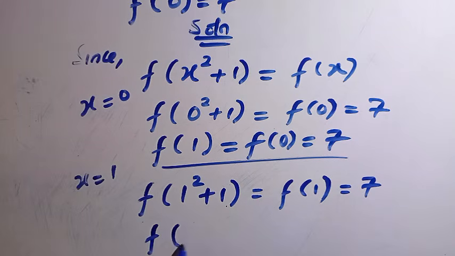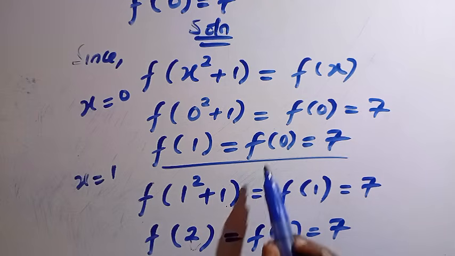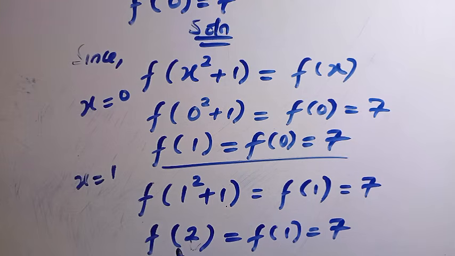And 1 squared plus 1 is 2, so this gives us f of 2 equals f of 1 equals 7. From these two that I just tested, we observe that f of 0 equals f of 1 equals f of 2, and everything equals 7.